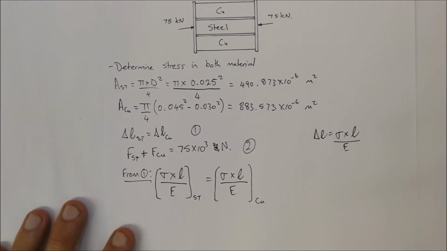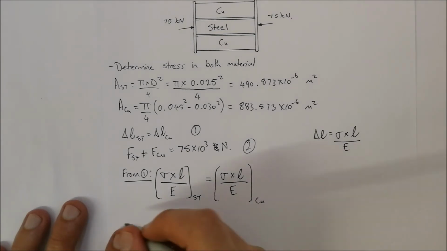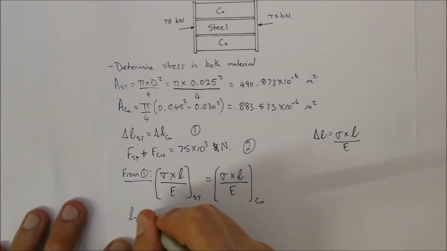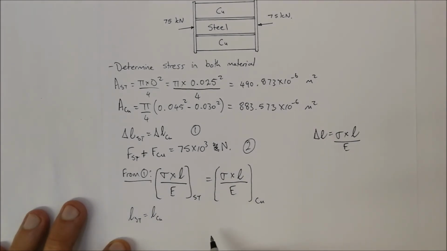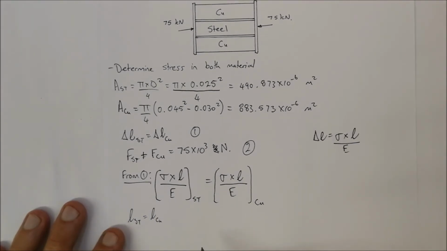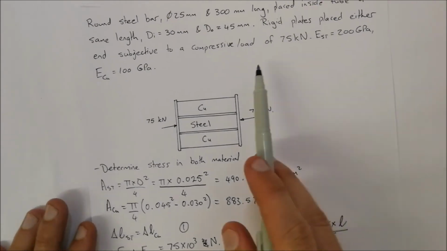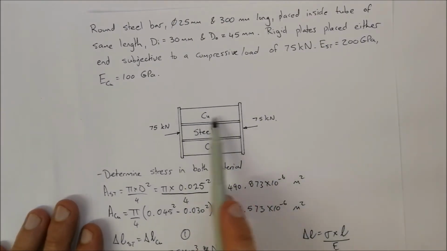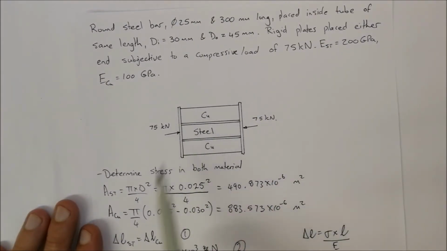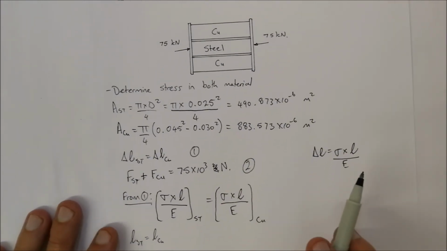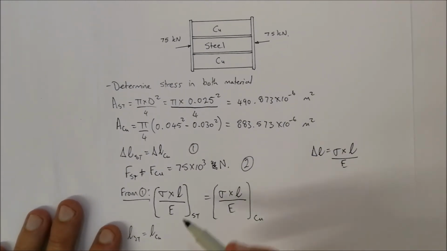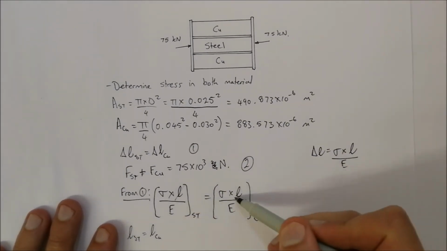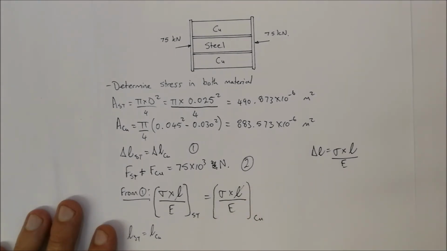Now the thing is, we know that the length of steel is equal to the length of copper. At least that's what we are given. We're told that they are both of equal length. So the length of the copper is the same length as steel. Therefore we can cross out these L values because they're equal.